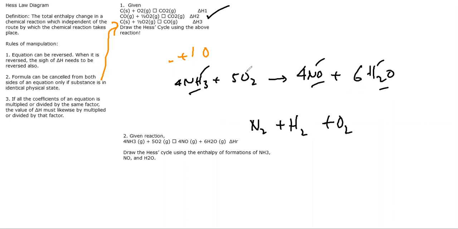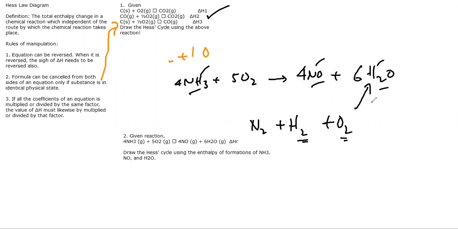This one should not be created because this one is an element. We can only put a Hess cycle for the compound. So H2 plus O2 gives H2O.